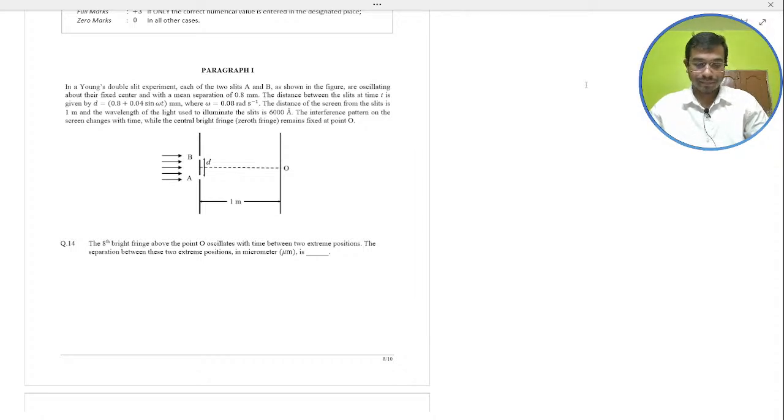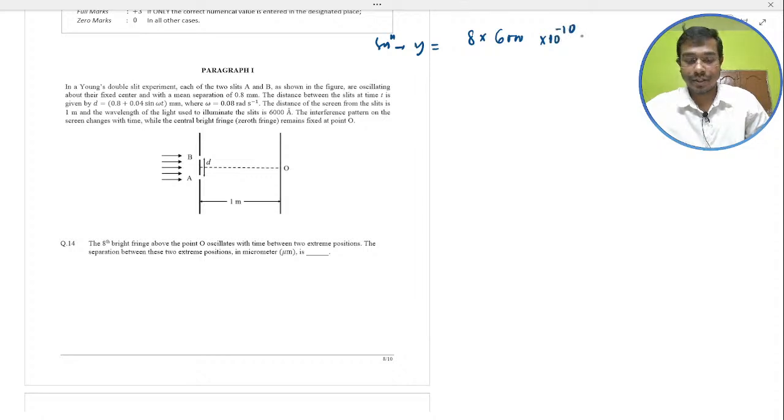Okay. So the solution: y is 8 into 6000 into 10 to the power minus 10 into 1 divided by 0.8 plus 0.04 sin omega t, into 10 to the power minus 3.